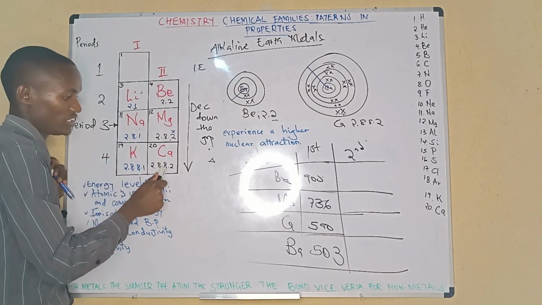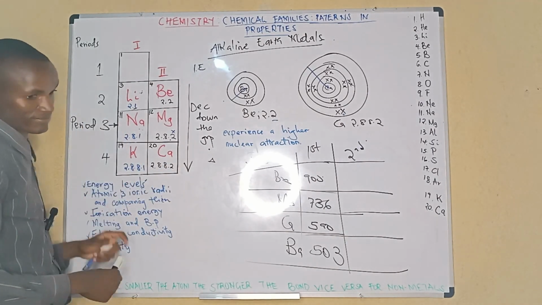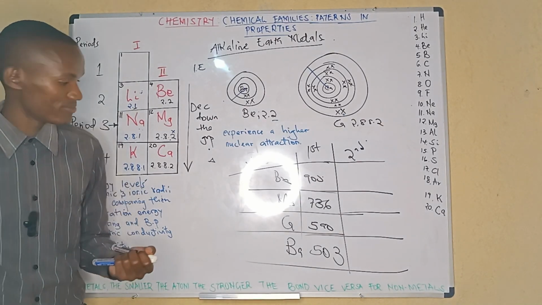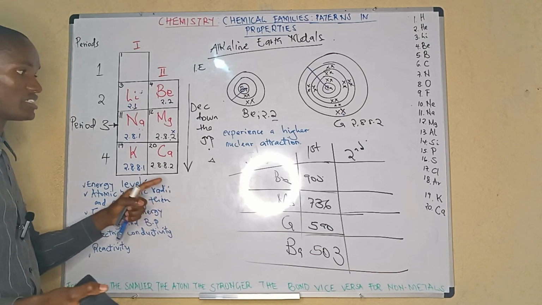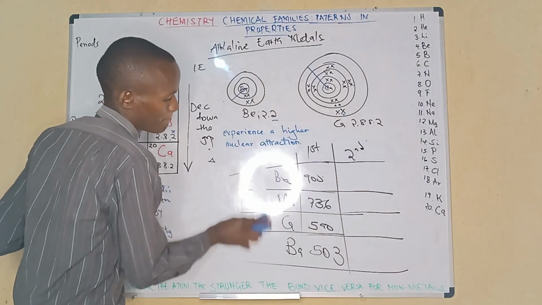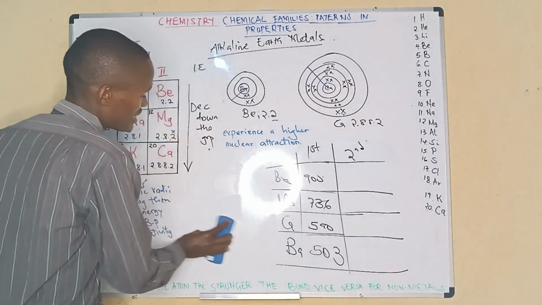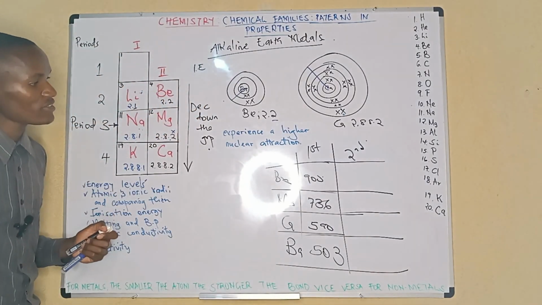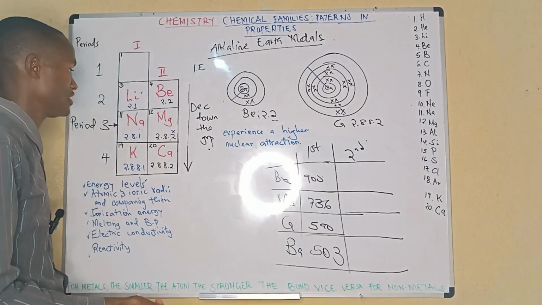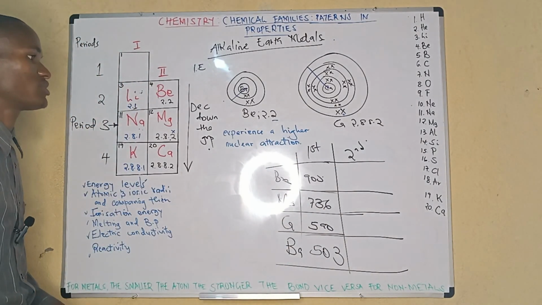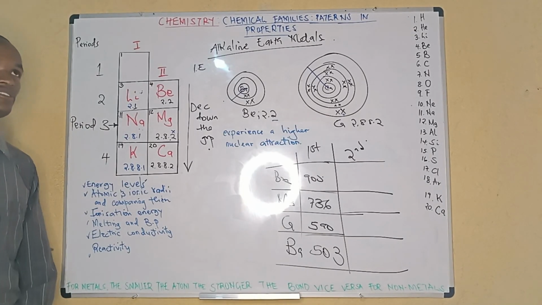Second ionization energy, it will be removing the other electron, because you are removing the first one and the second one, and by that it will gain stability. So I've written the first ionization energy and we have discussed its trend. Now we're going to discuss the second ionization energy.